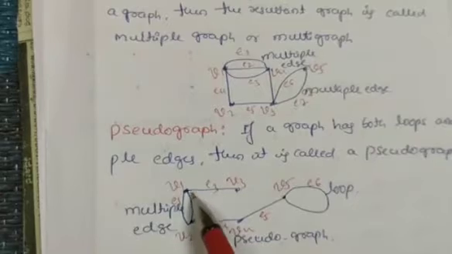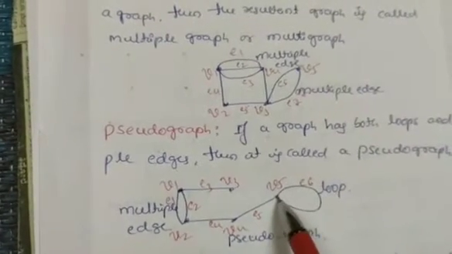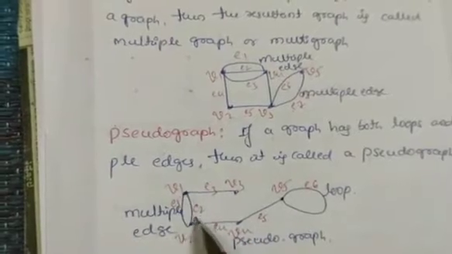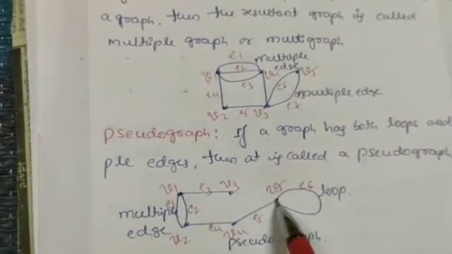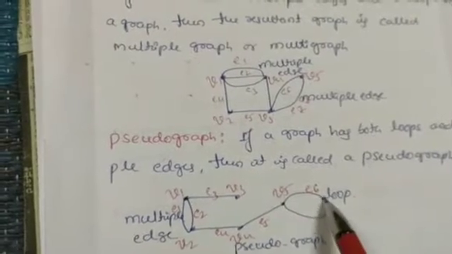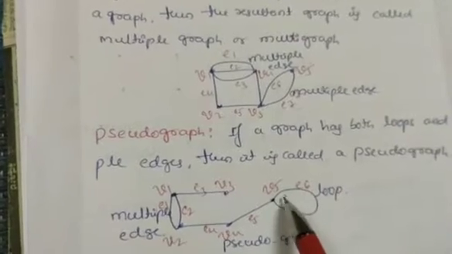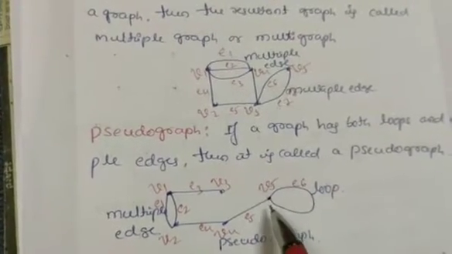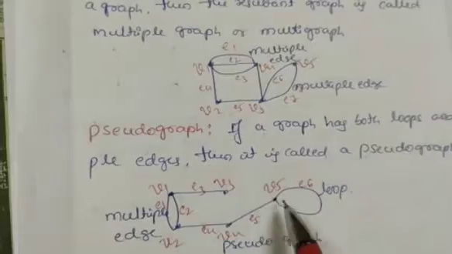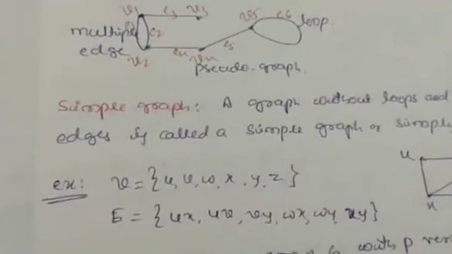It has multiple edges and also a loop, because the vertex v5 is joined by only one edge to itself like this. So it is a loop. Therefore it has both multiple edge and loop. Such graphs are known as pseudograph.